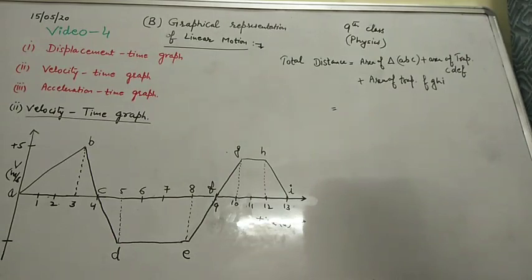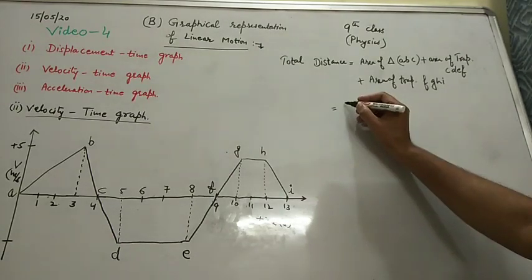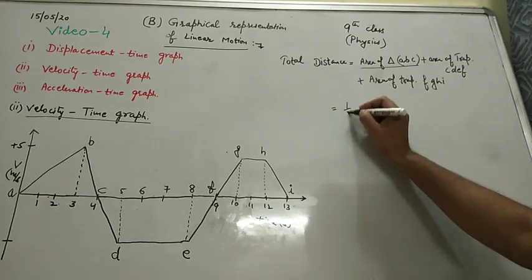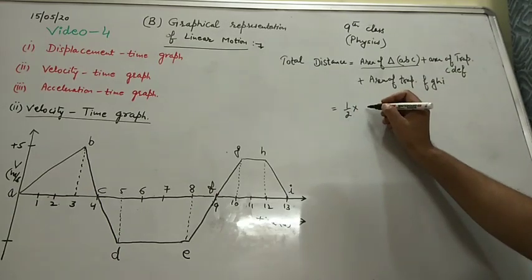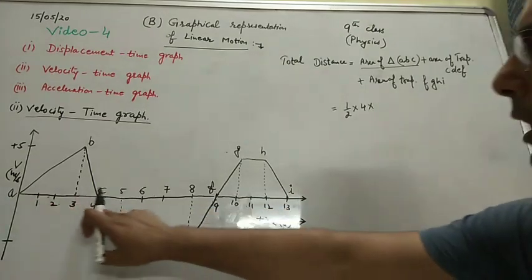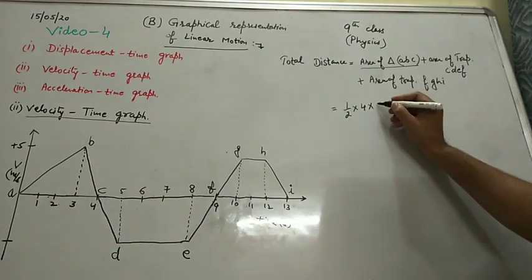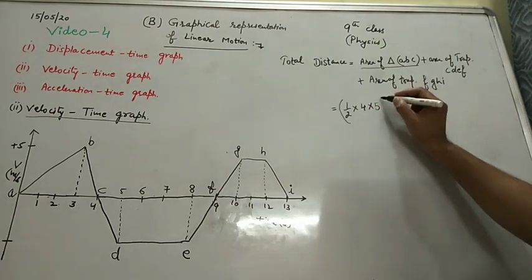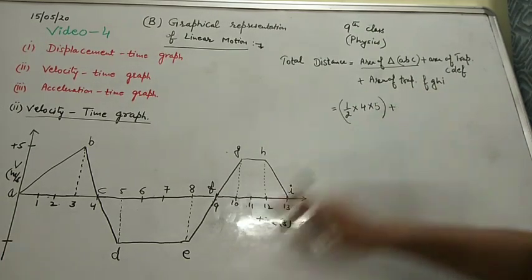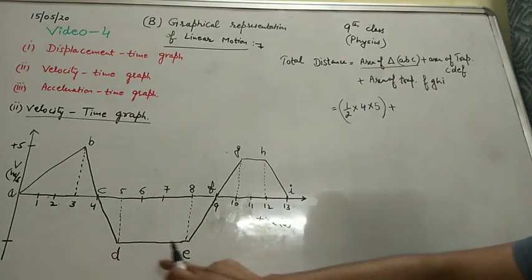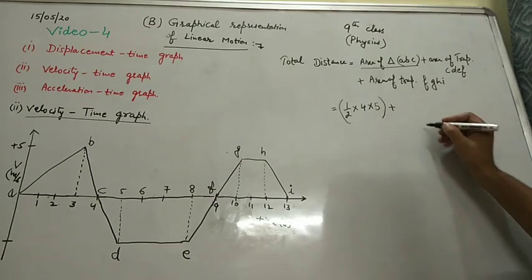So area of triangle is half into base into height. For this, half into base, that is 4, from here to here, AC, into height. What is the height? 5. This is for the area of triangle. Come to the area of trapezium. Half into sum of parallel sides.